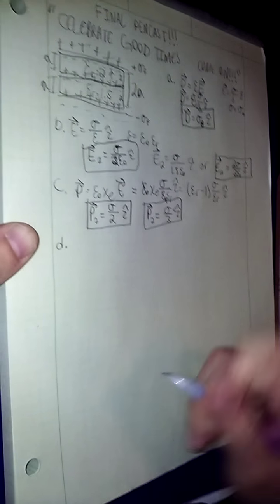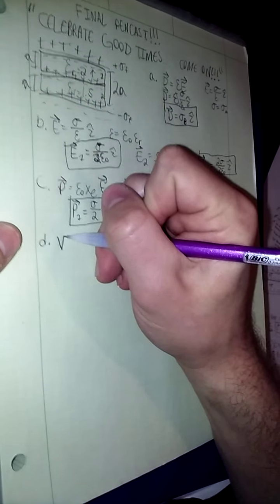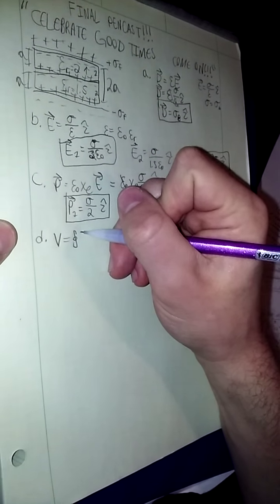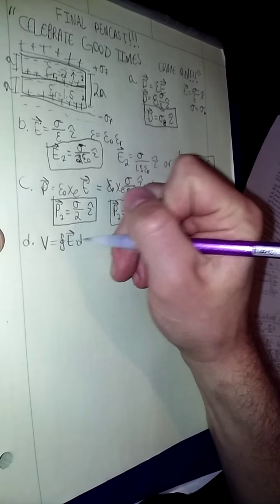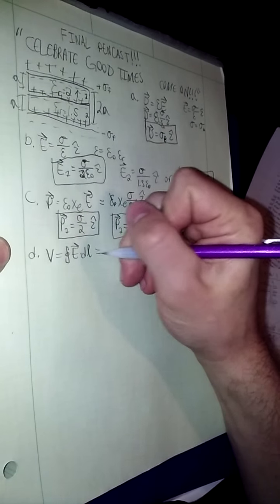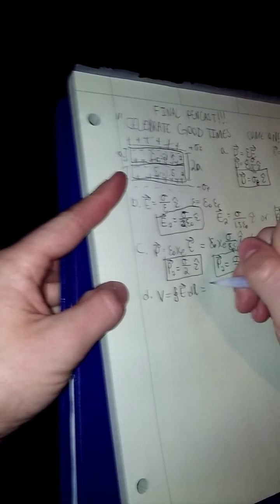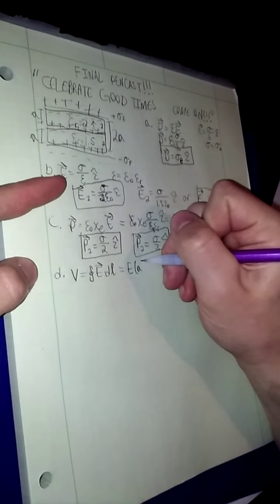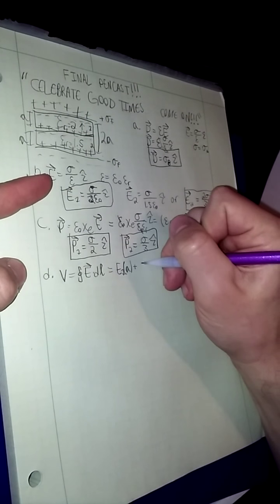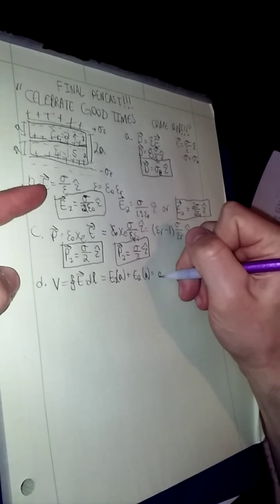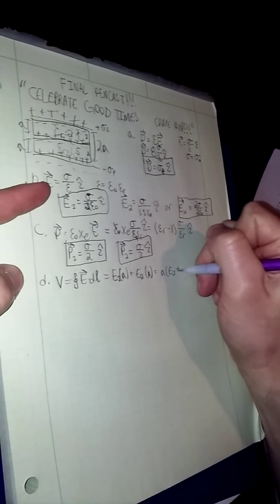Part D, we need to find the potential difference between the two plates. So between the plates, integral of E dot dl. Between the two plates, we just have the slabs. So for the first one, we're going to have E1 times the length, which is A, plus E2 times the length, which is also A. So A times E1 plus E2.